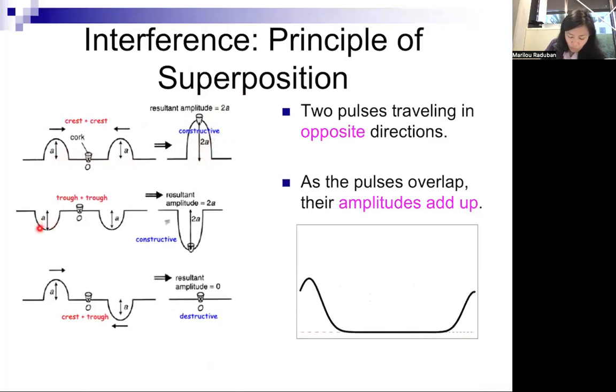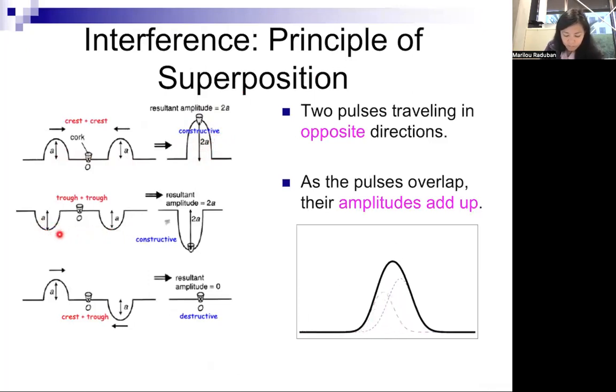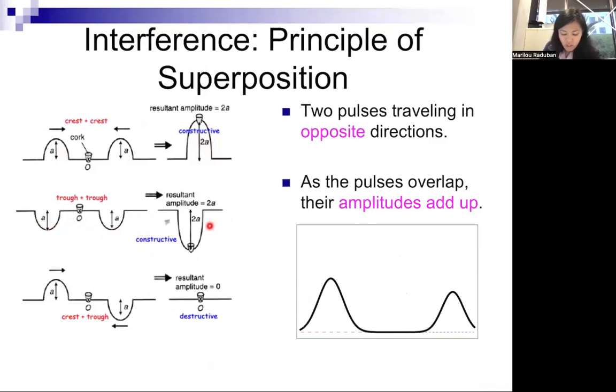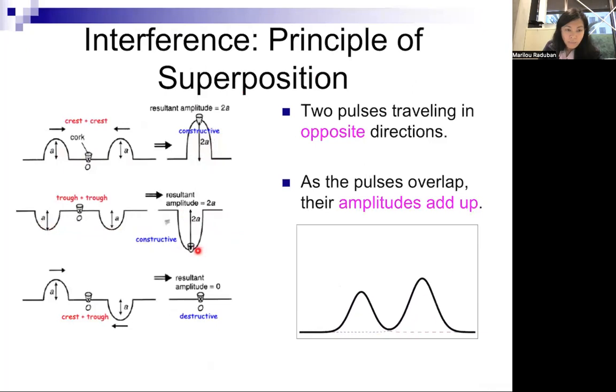Okay, it's the same way when two troughs superimpose. So when two pulses meet such that their troughs coincide with each other, we also have this reinforcement of the amplitudes. So you have constructive superposition as well. Okay. But when the crest coincides with the trough, you have this canceling out.